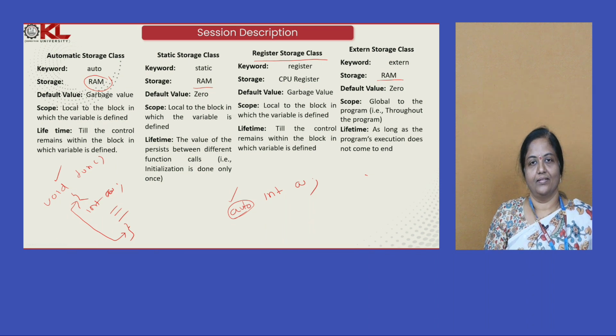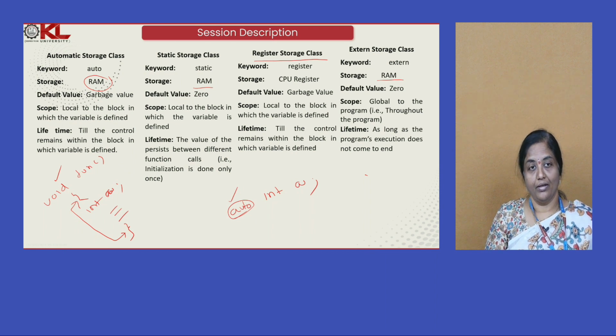Here it is very important to notice: if you want your program to be very effective with respect to execution time, that is, speed significant, consuming less CPU time, fast enough, in that case we would prefer all your local variables to be register.